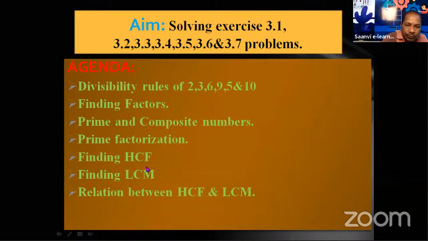And to find LCM also we have two methods: prime factorization method and division method. In previous class, we discussed how to find LCM by prime factorization method and division method. So today we are going to discuss the relation between HCF and LCM.